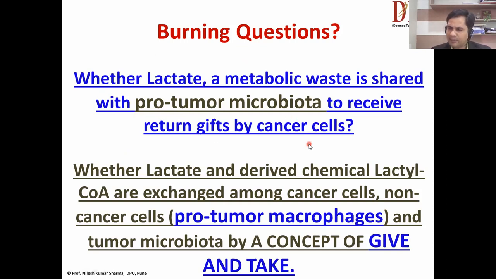That is why the cancer cell is smart enough to share this metabolic waste, apparently lactate, with the microbiota, so that microbiotas generate lactyl CoA, and this lactyl CoA can be used by cancer cells or non-cancer cells for the desired epigenetic modification, that is lactylation.